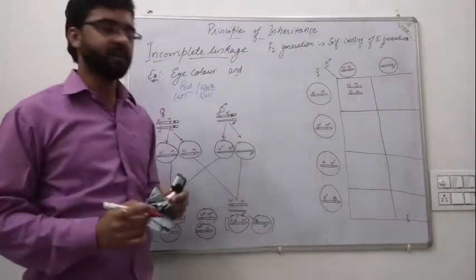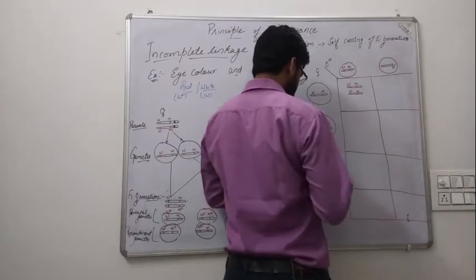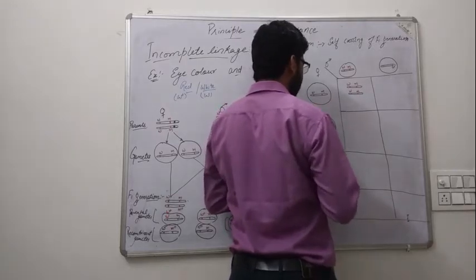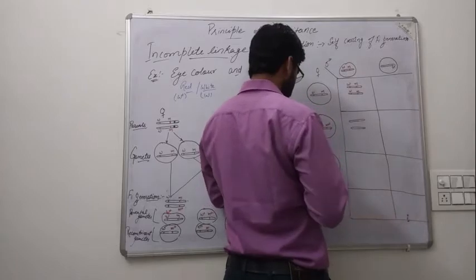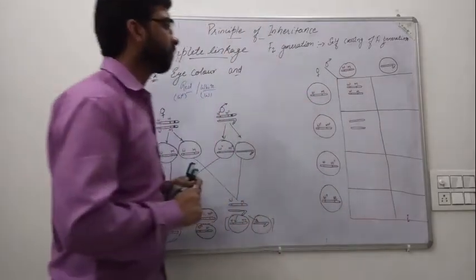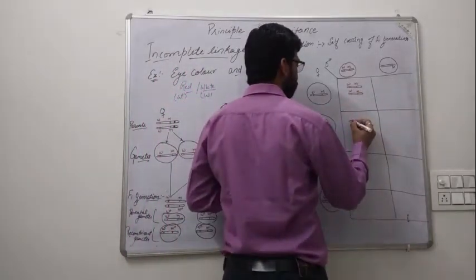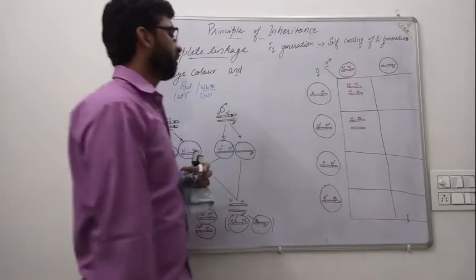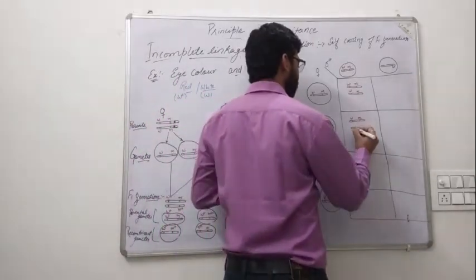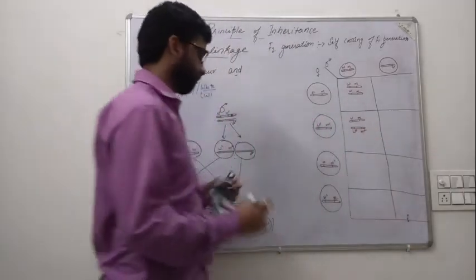The next one, from the above side, we notice white eye, miniature wing, and here red eye, normal wings.